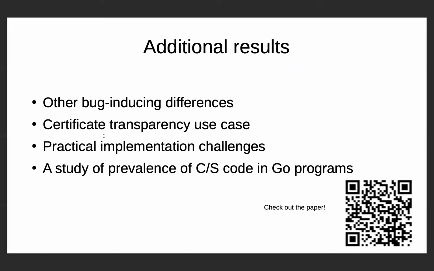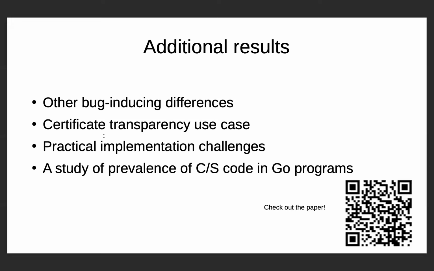Right. So in the paper, we have lots of additional results. We looked at other bug-inducing differences in the other cases. Specifically, we also have some security impact on the certificate transparency use case. We also discussed practical implementation challenges, namely to get our differential fuzzer to work with Go and C libraries.